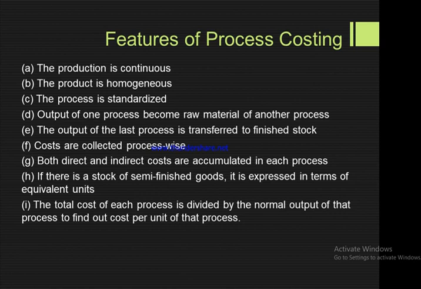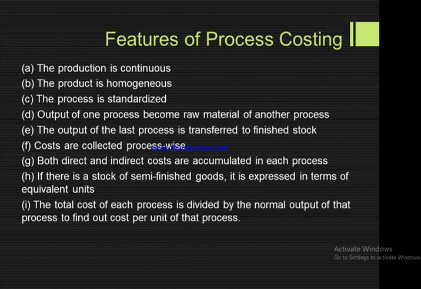Under this particular method, both direct and indirect costs are accumulated in each process, and if there is a stock of semi-finished goods, it is expressed in terms of equivalent units. This basically happens when we are reporting at the end of the year. We need to report the stock of inventory.